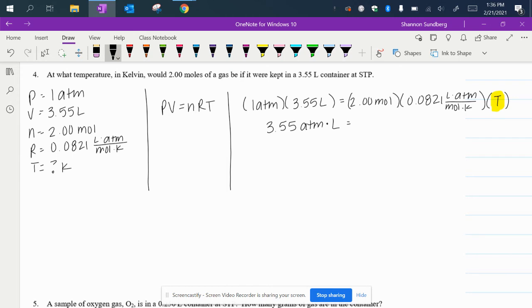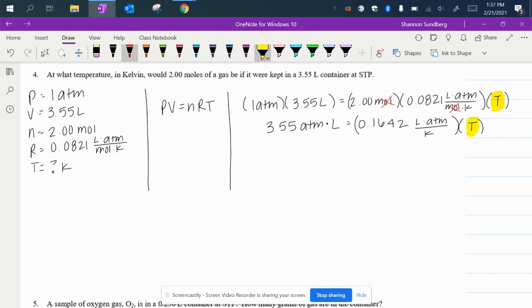And then I'm going to multiply 2 times 0.0821, and that will get me 0.1642. And I lost some units when I did that. I lost the moles, and I have to carry down all the rest of my units. So I've got liters times atmospheres over Kelvin, and that is still multiplied by T.